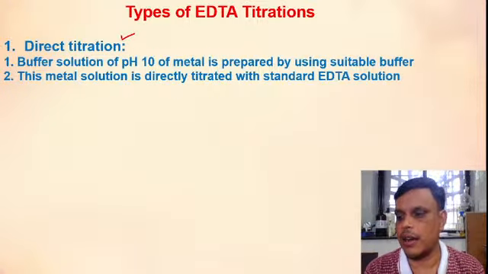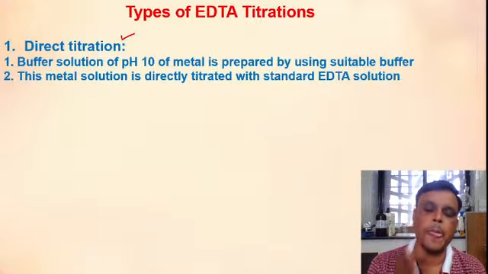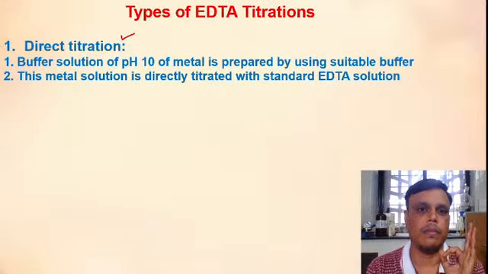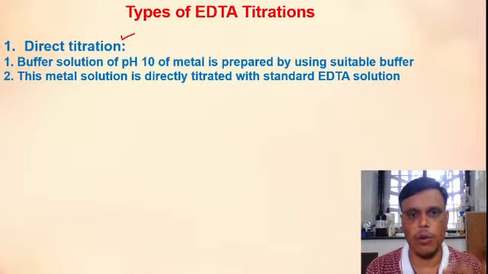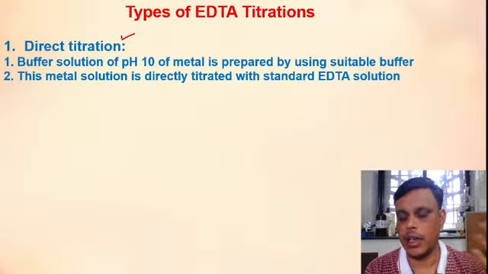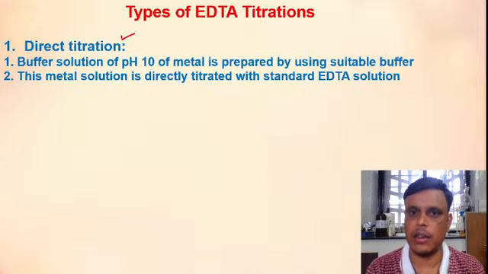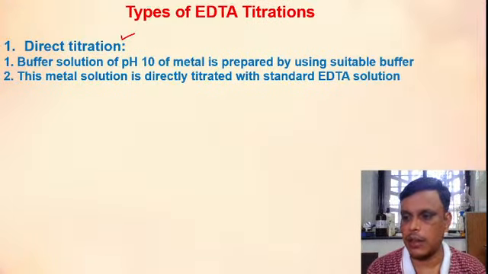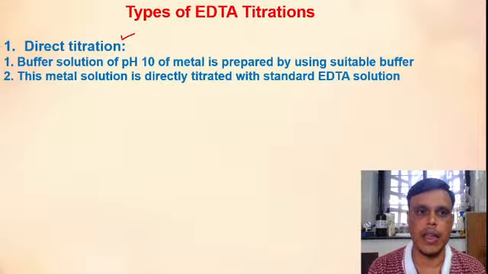By noting the value of the endpoint, you can find out the percentage or amount of magnesium present in the given sample by using the equation that we have seen. So this is the first type, direct titration.